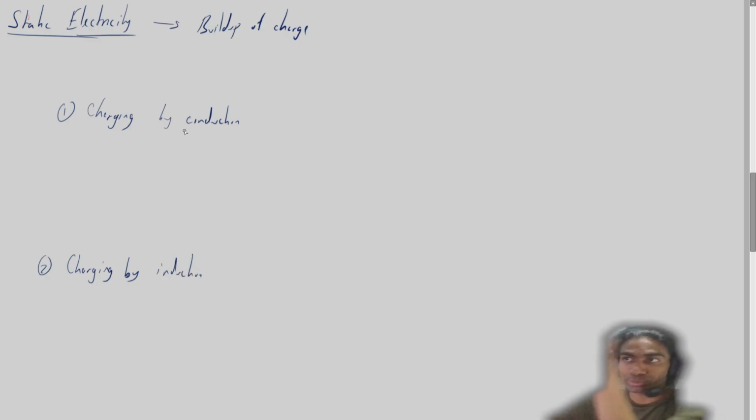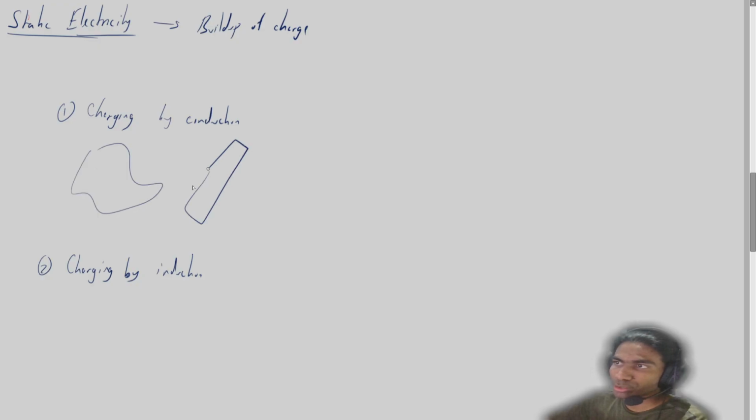Okay, but just to explain to you what's happening, in charging by conduction, we can have, let's say, some kind of woolen cloth, and we can have this rod over here, like a plastic rod. Both of these have to be insulated for it to work effectively. But essentially what we are doing is we take the rod and we rub it against the cloth, right? That causes friction between them. The friction actually strips away the electrons from one material to another.